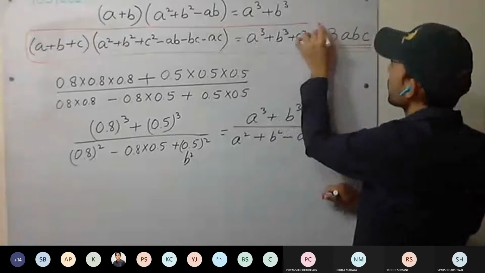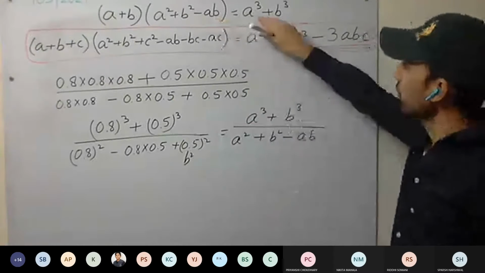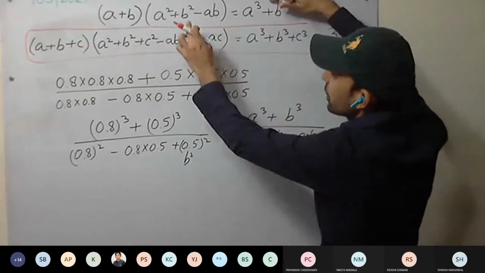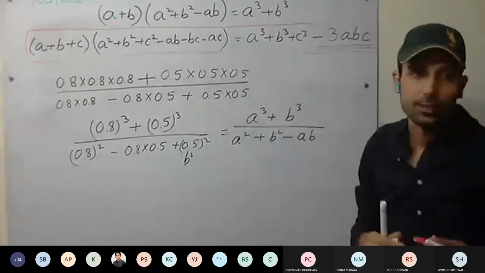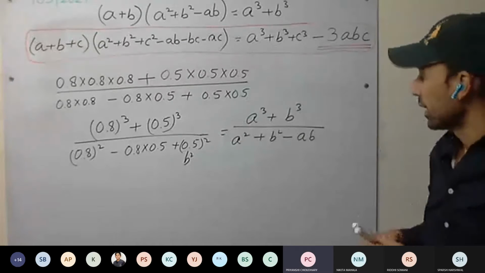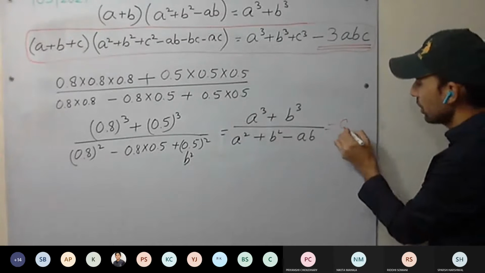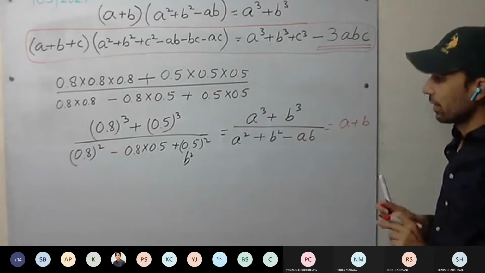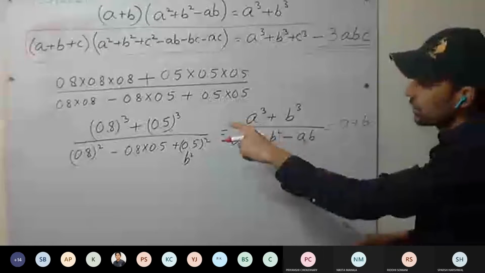Forget about this equation for the time being. What will be remaining on this side? A plus B. This is equal to A plus B. We can write like this.